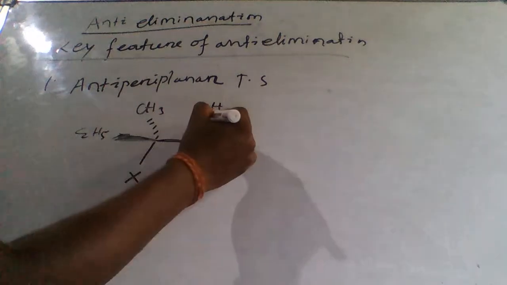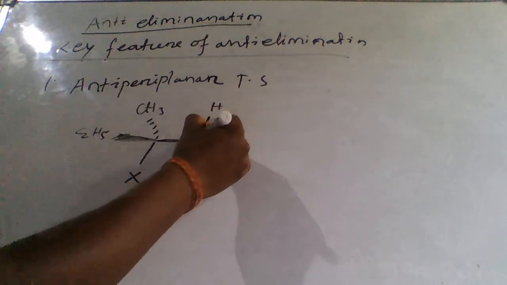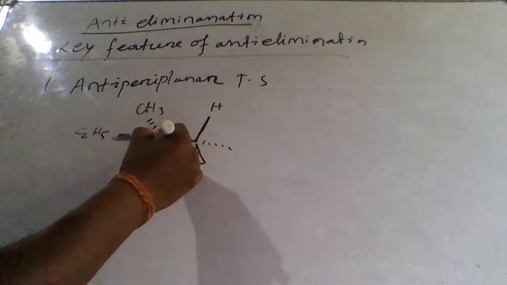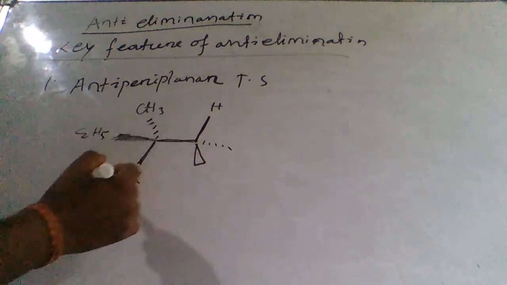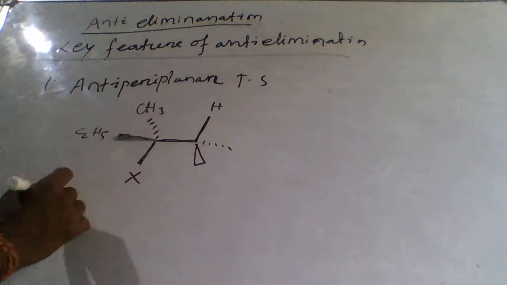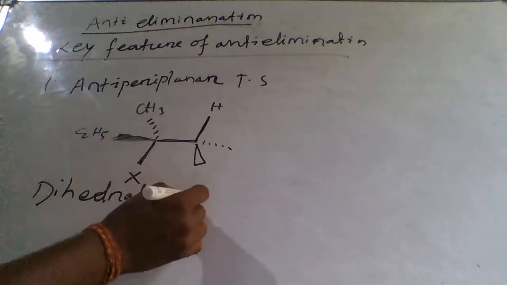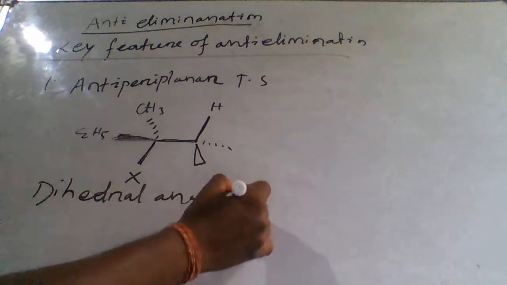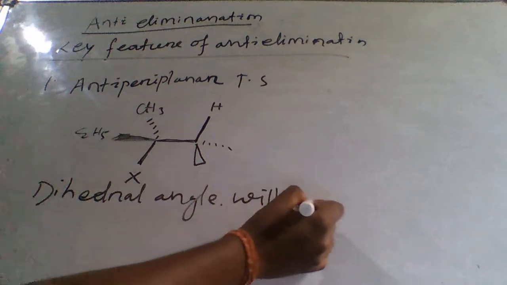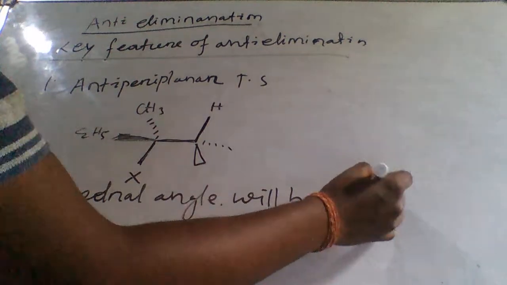And these two bonds are anti-periplanar, and anti-periplanar means the dihedral angle will be 180 degrees.